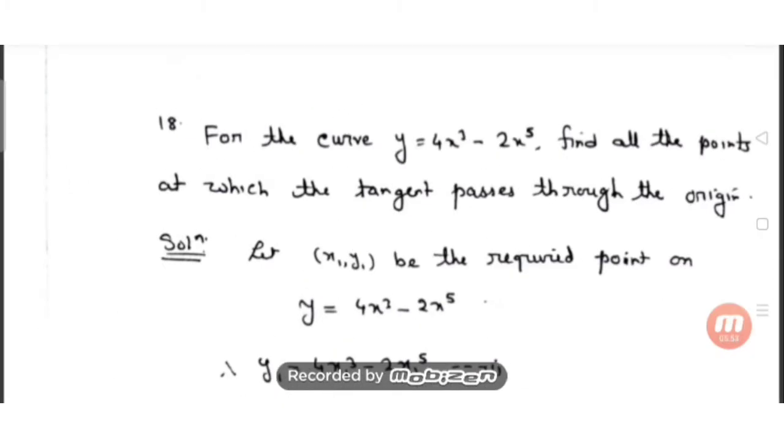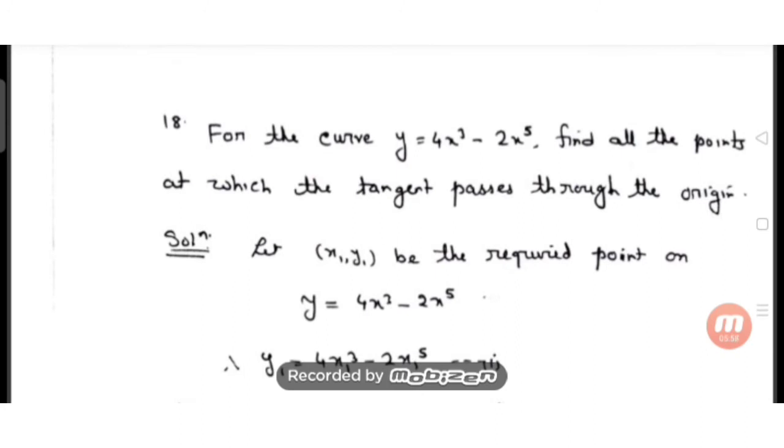Now let us go to the next question. This type of question we had not done earlier, so try to clear this concept here. So you see, question number 18: for the curve y equal to 4x cube minus 2x to the power 5, find all the points at which the tangent passes through the origin.